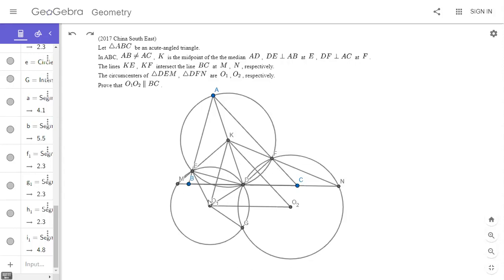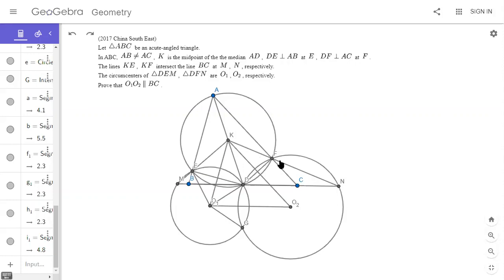So we know those are parallel, KO1, KO2. So I think it's true that KEGF is cyclic because EGF is EGD plus FGD, which is EMD plus FND, and that's 180 minus EKF.